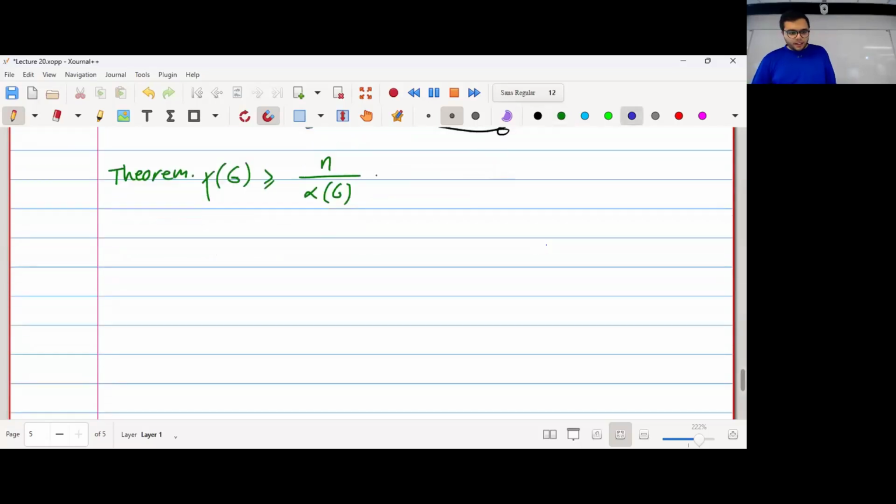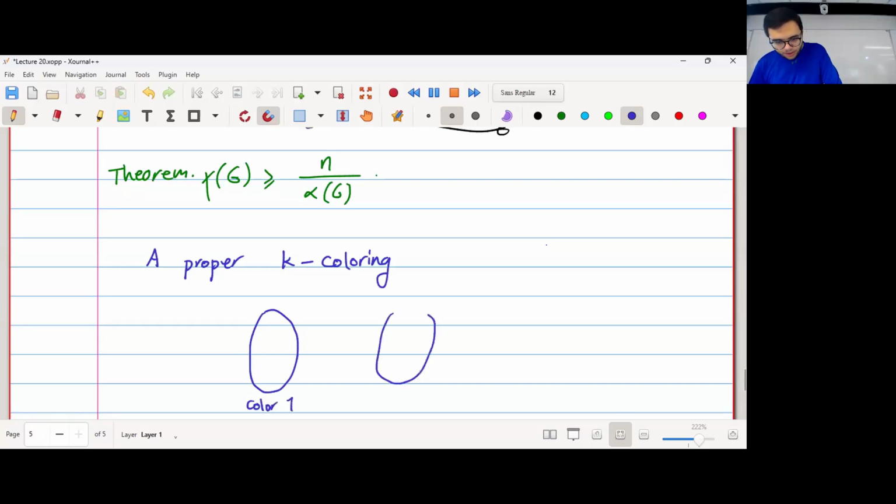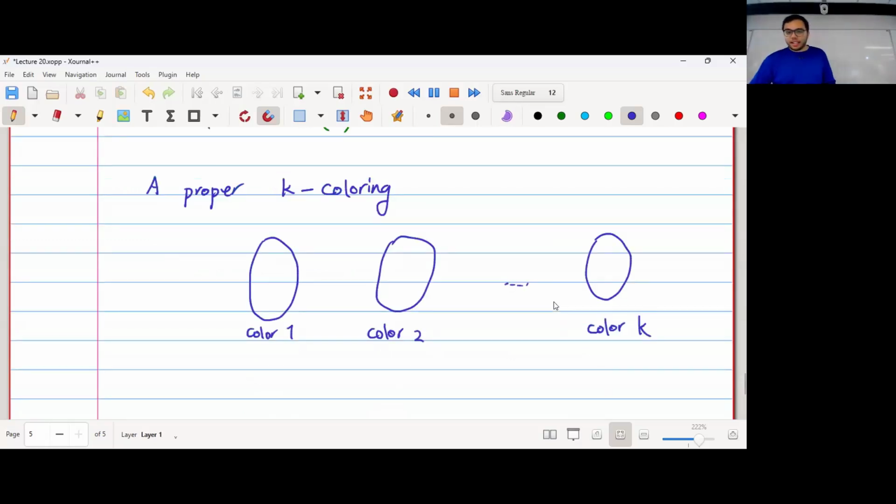So if I have a proper K coloring, what's going to happen is that I'm going to have a bunch of independent sets. These are all the vertices with color 1. These are all the vertices with color 2, and so on, and vertices with color K. Right. And I know that any edge goes from one color to another color, but I cannot have an edge like this that is entirely in the same color. That's not possible.